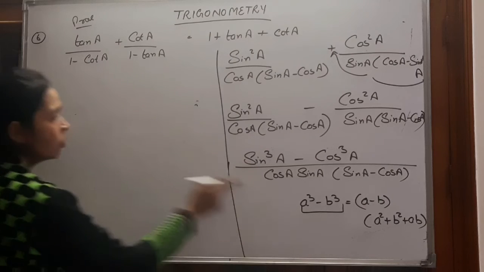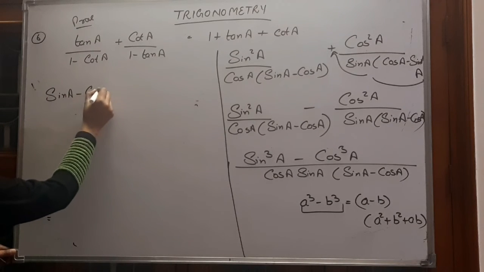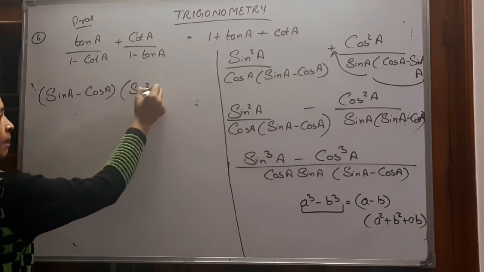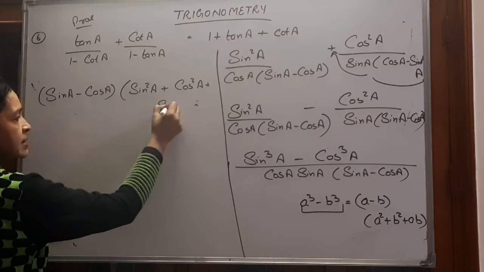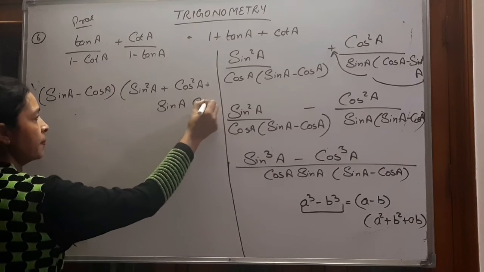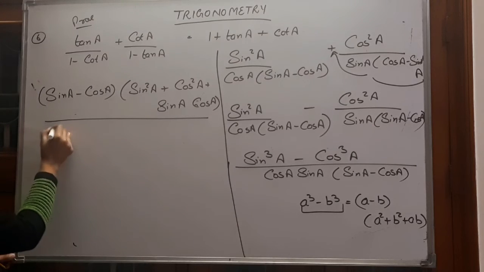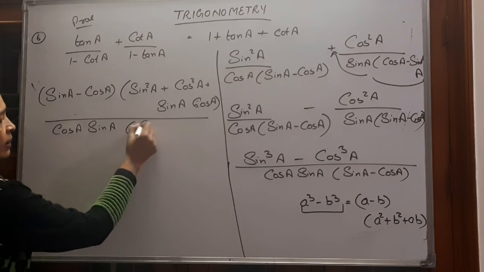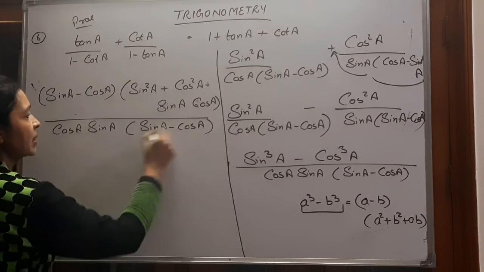By applying this formula, we will get sin a minus cos a and sin square a plus cos square a plus sin a cos a upon, in the denominator we have cos a sin a and sin a minus cos a.